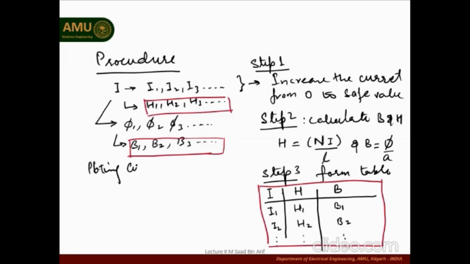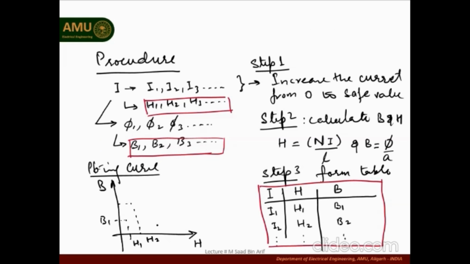We have H on the x-axis, B on the y-axis. This point is nothing but H1, B1. This is nothing but H2, B2.